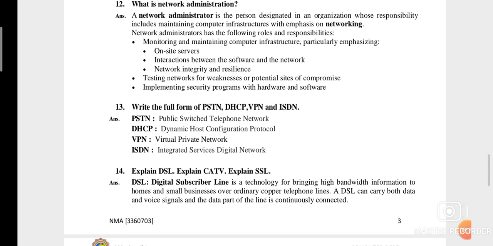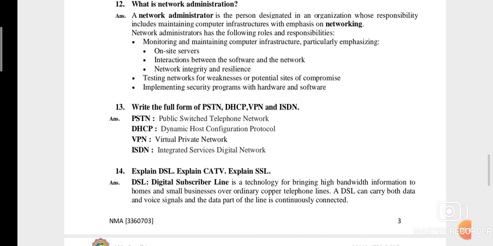DSL means Digital Subscriber Line. Digital subscriber line is a technology for bringing high bandwidth information to homes and small businesses over ordinary copper telephone lines.